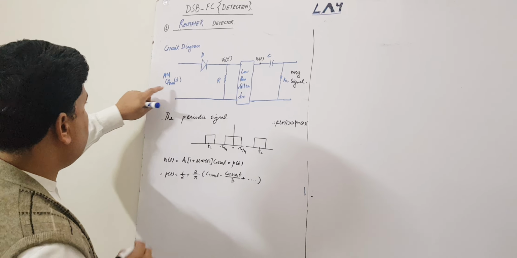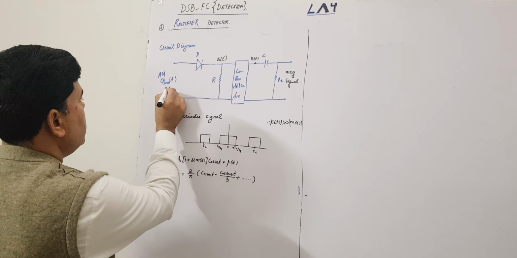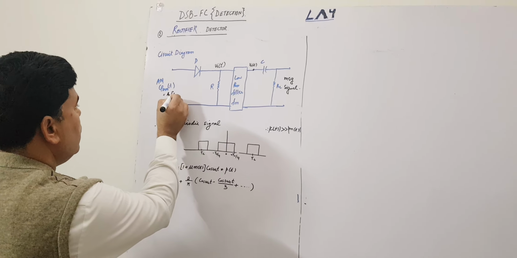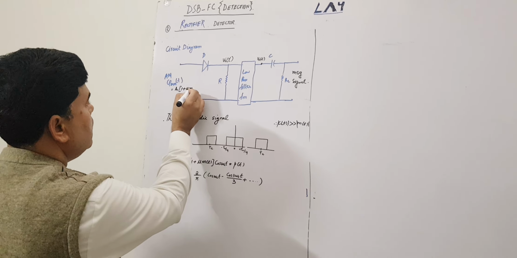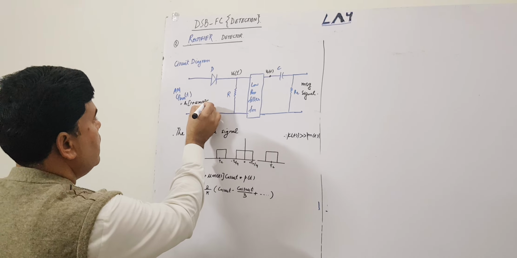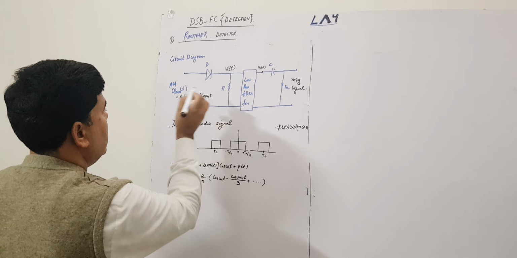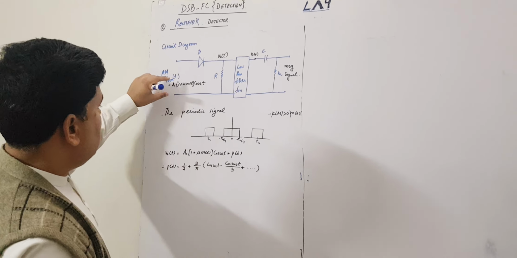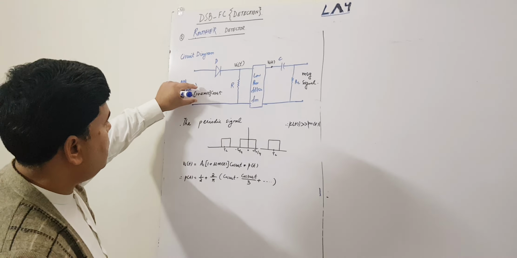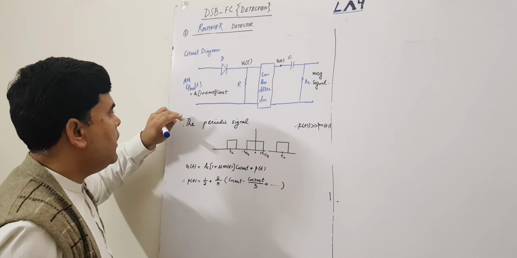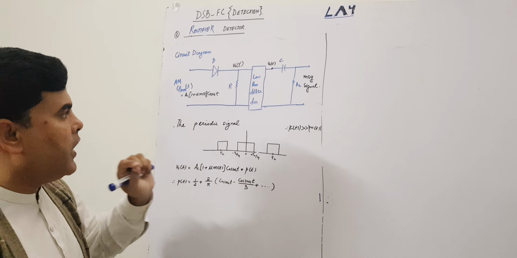So we know that the amplitude modulated signal is Ac(1 + mu m(t)) cos omega_c t. This is a sinusoidal signal which has a positive peak and a negative peak.